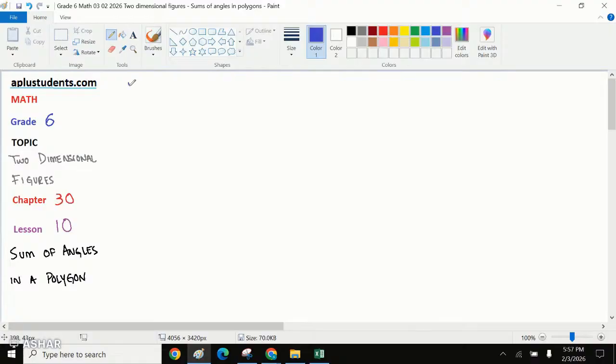Okay. The term polygons means, the meaning of the term poly is many, and the meaning of the word gons is sides, right? So a shape can have many sides, right?